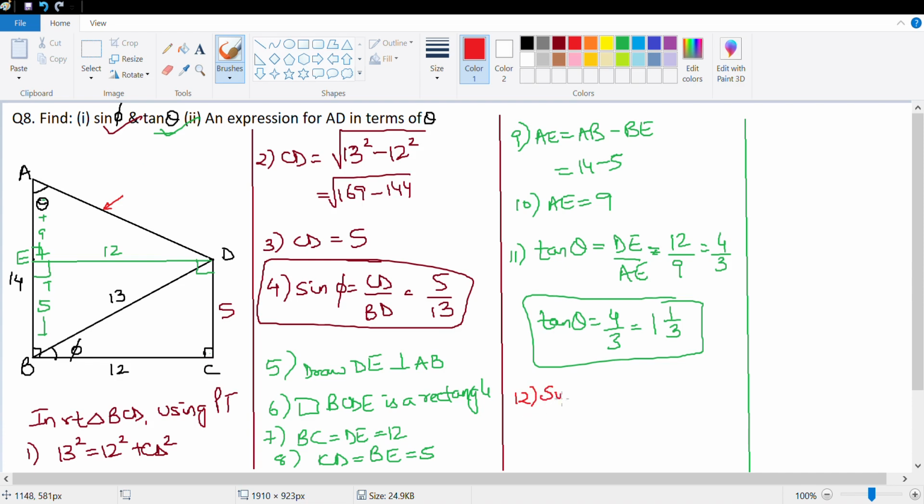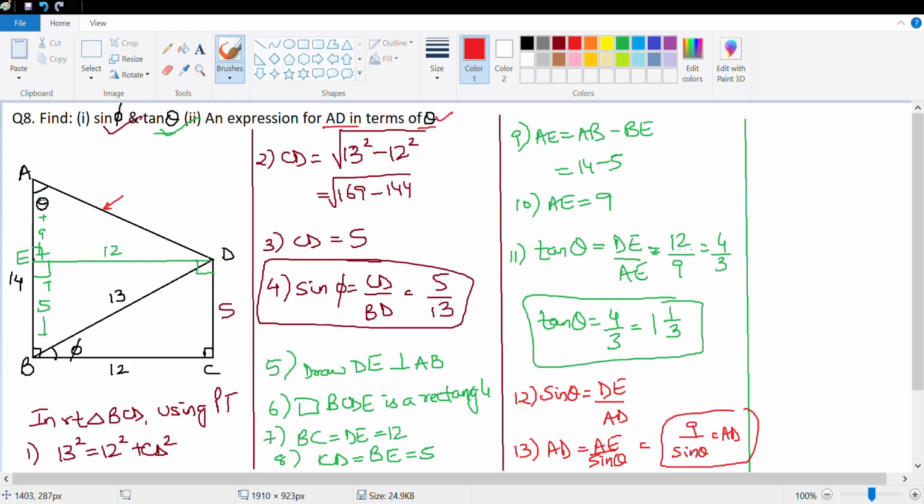So sine theta would be equal to perpendicular, which is DE, upon hypotenuse, which is AD. So AD would be equal to AE upon sine theta. In this case, AE is 9 upon sine theta. That's equal to AD. So they wanted me to write an expression for AD in terms of theta.